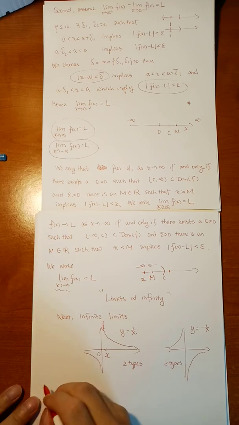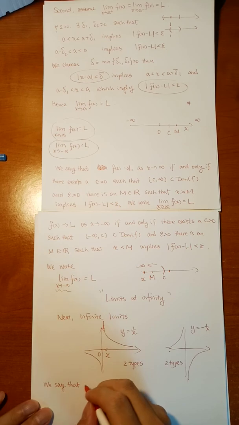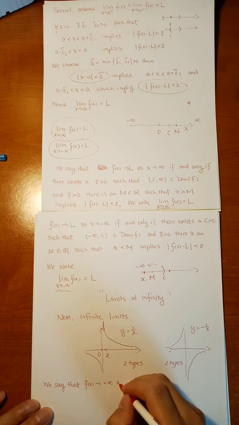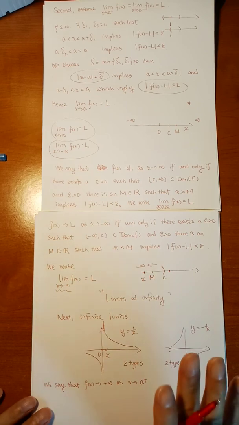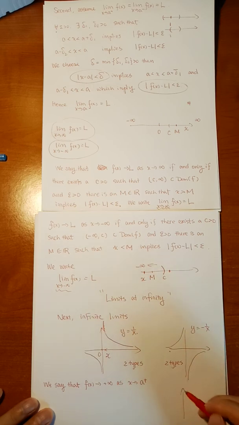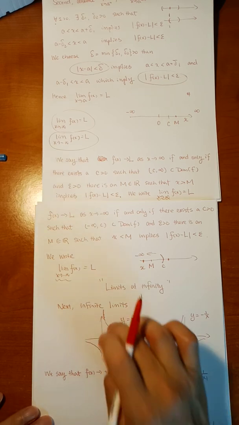Okay, so let's see. We say that f(x) approaches positive infinity as x approaches a from the right hand side. Let's see one-sided first. Actually, there are more than 4 types. There are 6 types. Here, let's talk about this type.